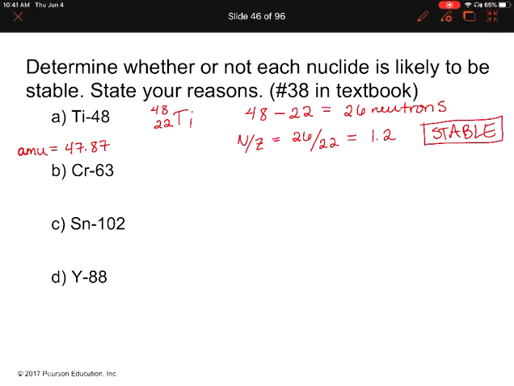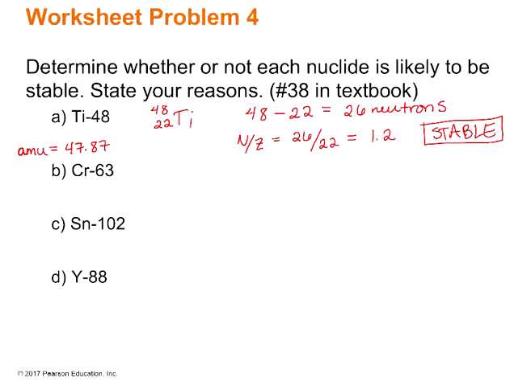So let's move on to chromium 63, and I'll use a different color here. So I looked up chromium's atomic number. It is number 24. So let's figure out the number of neutrons. So 63 minus 24.